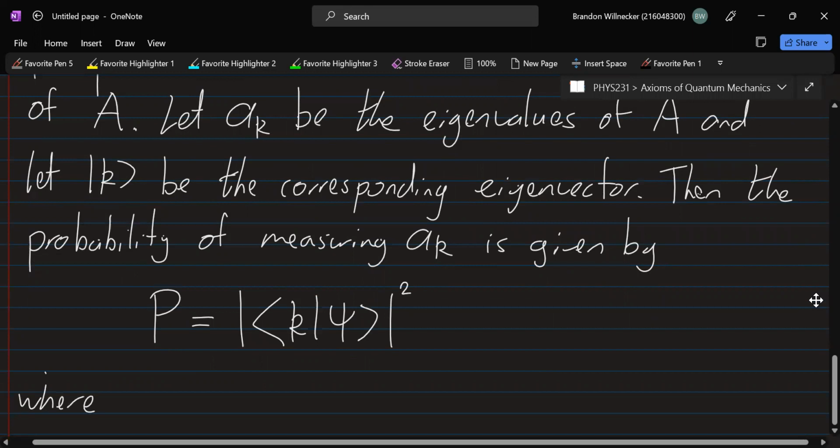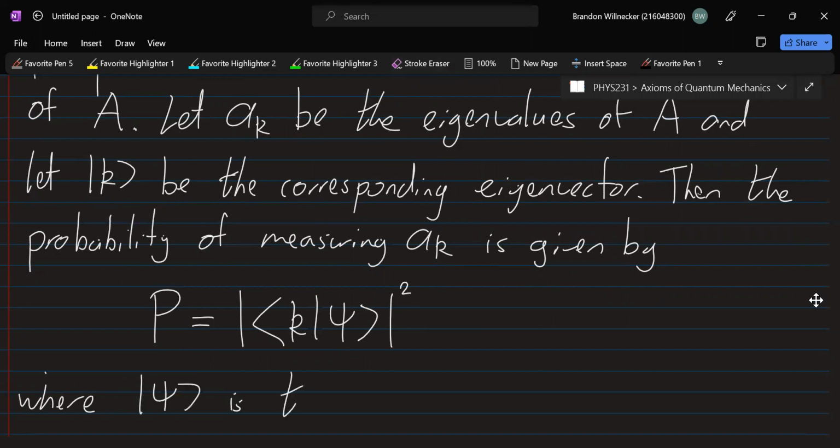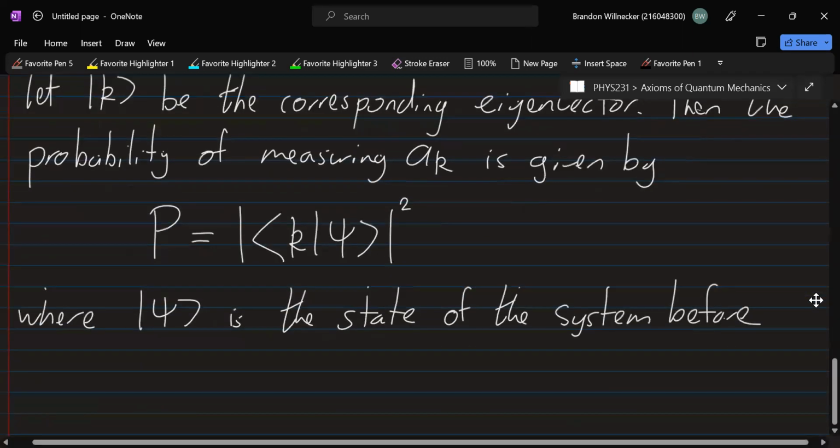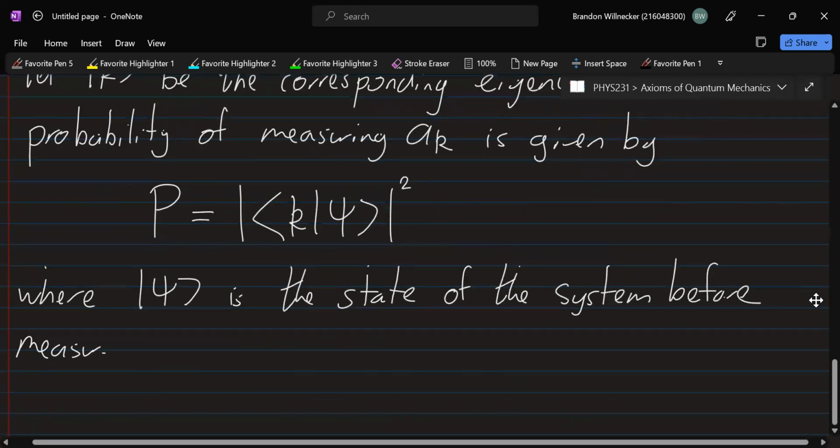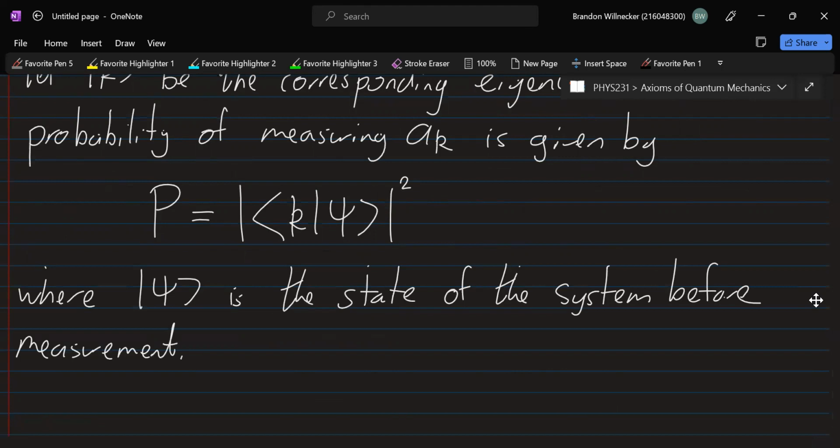Here ψ is the state vector of the system before measurement. Then after measurement, the state of the system changes from ψ to |k⟩, corresponding to the eigenvalue that you measured.